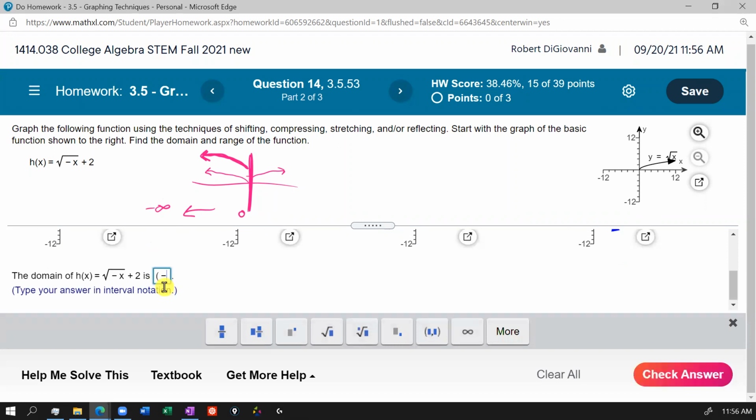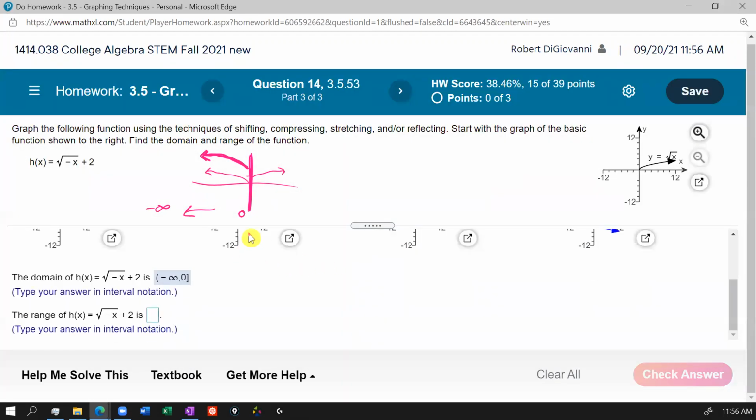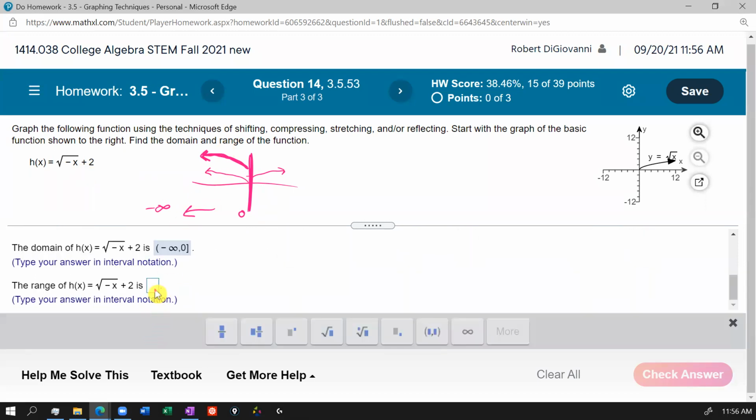So negative infinity, comma 0, including 0. Okay, the range will be everything above. How much did we move it up? 2. So it'll be from 2 on up. So this range will go from the y value of 2, including 2, all the way up to infinity.